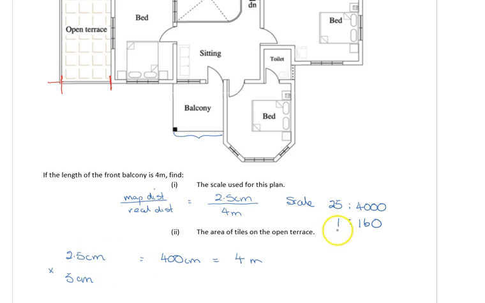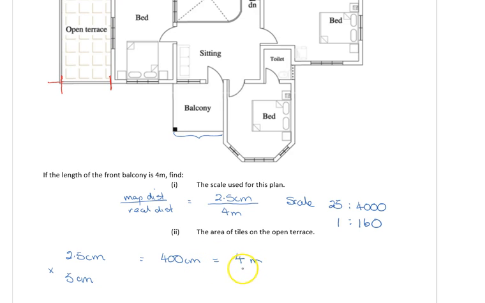So what would 2.5 centimetres be? Well, for every 1 on the map, we know in the real world it's 160 times that. So we're going to take our 2.5 and multiply it by 160, and know we're working in centimetres, and we get 400. Now, what is our understanding of how long 400 centimetres is?